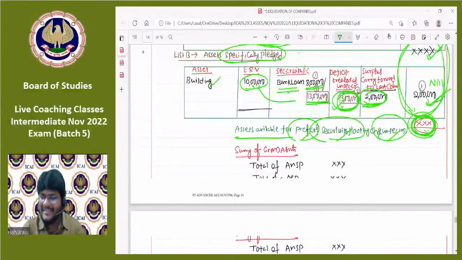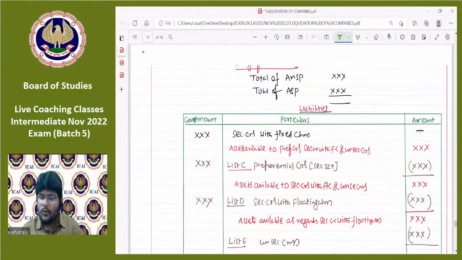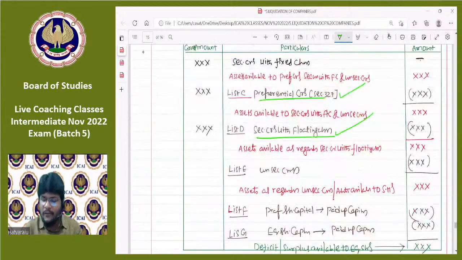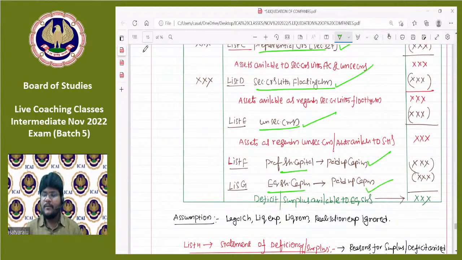These are all asset realizations, out of which we should first make payment to preferential creditors as per list C. After that, we should make payment to secured creditors with floating charge. After that, payment to unsecured creditors. Then preference share capital to the extent of paid up capital. Then equity share capital to the extent of paid up capital.